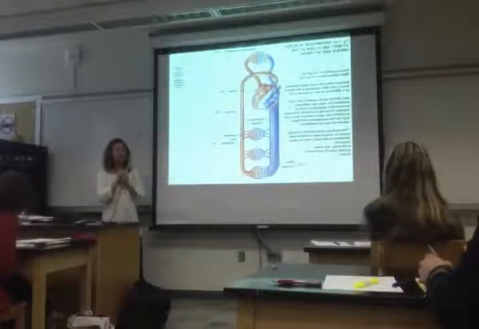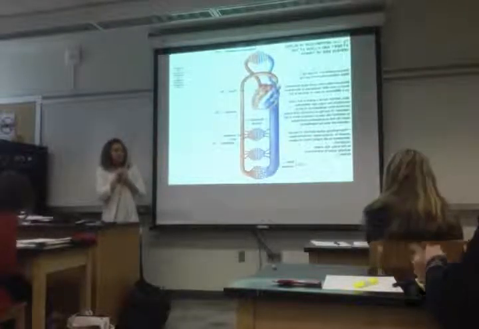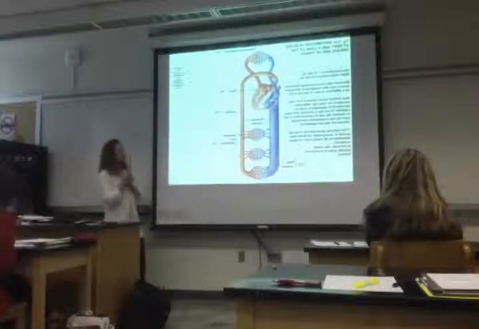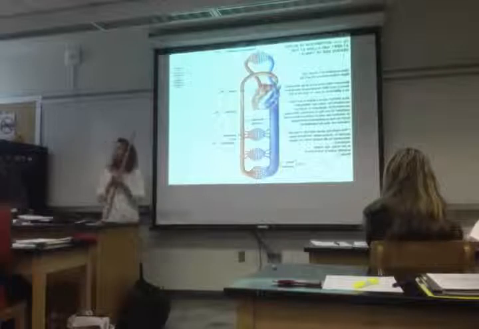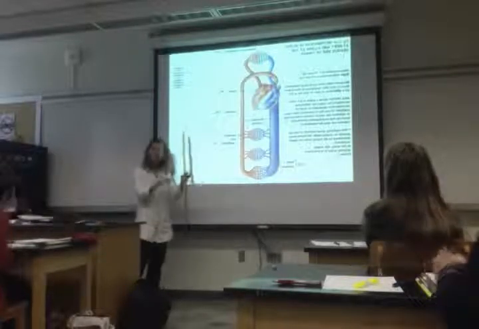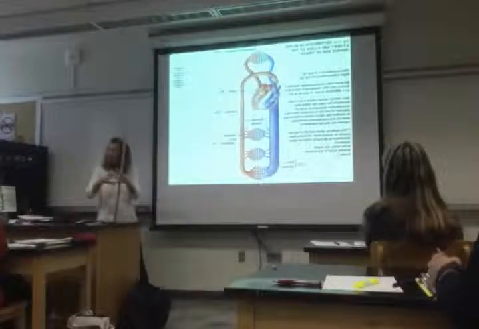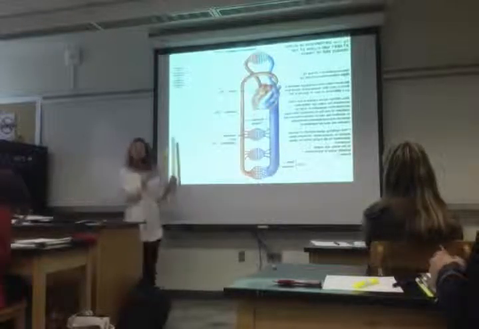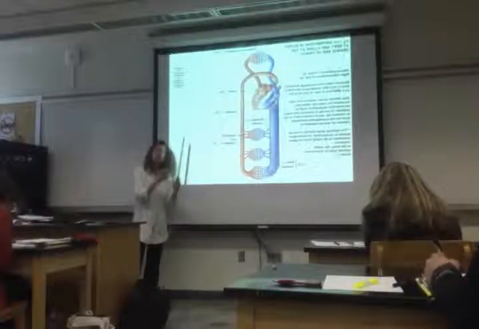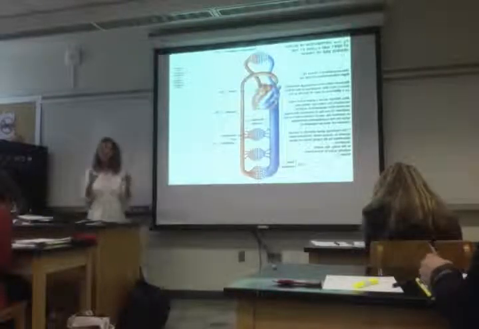Alpha receptors. Contract. Yes. So on the veins, same thing. It's not going to be anywhere near as dramatic as arterioles, but we'll get a little touch. So that will help also.